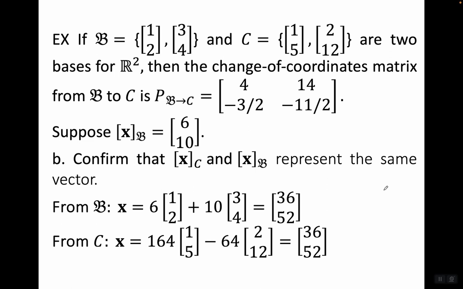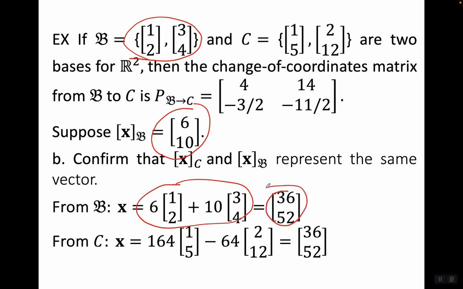Okay, confirm that x sub C and x sub B represent the same vector. I don't want you to take my word for it. I want to show you that this really works out. So again, we've seen that the coordinates of x relative to B are 6, 10. That means x is going to be 6 times (1, 2) plus 10 times (3, 4). Those are the vectors in the basis B. That works out to be (36, 52).